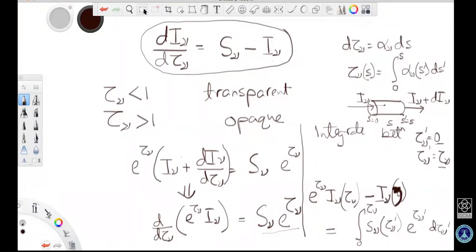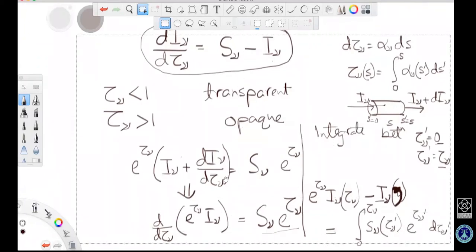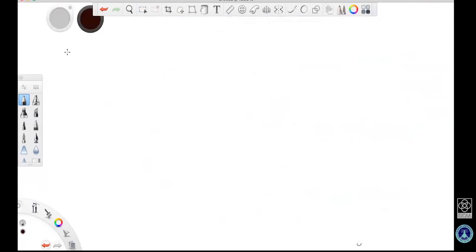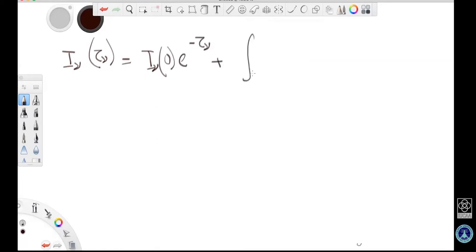Let me tidy it up a little bit, so it will look nicer. Let me erase this, and then let me write it again. So basically, I nu, which is coming out of the cylinder, will be equal to I nu that is falling on the cylinder times e to the power minus tau nu, plus this material.